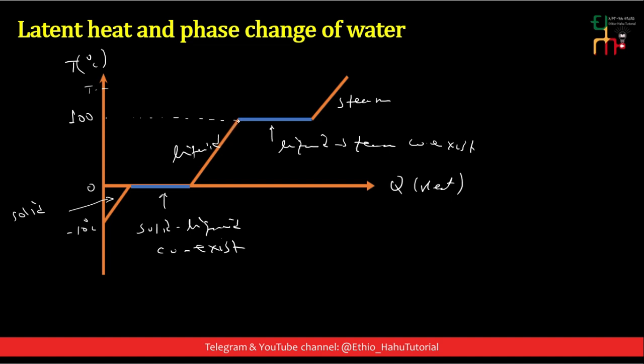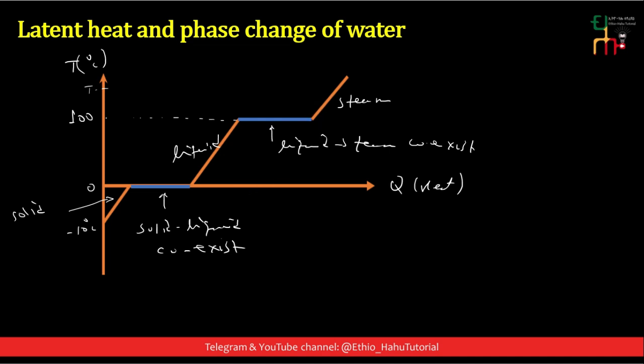And when it reaches 100 degrees Celsius, even though we add heat to the system, the temperature remains the same, but there is phase change from liquid state to gaseous state. And upon adding heat further to this system, the temperature rises above 100 degrees Celsius.